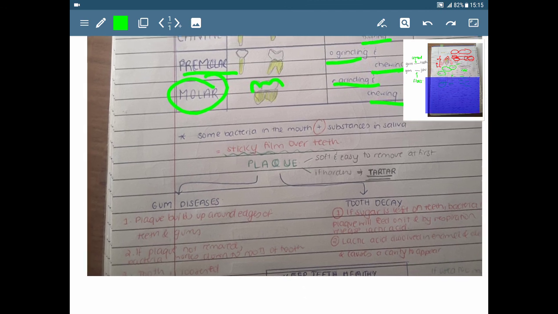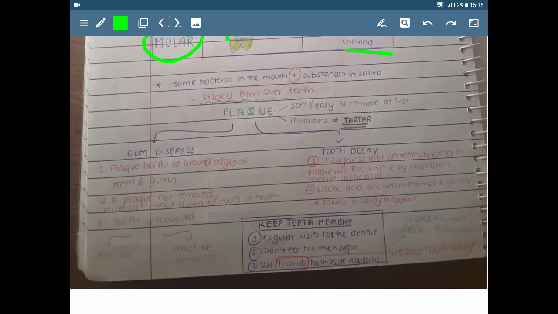Now the diseases caused by substances forming in your mouth. Some bacteria in the mouth mixed with substances in saliva form a sticky film over the teeth, which we call plaque.